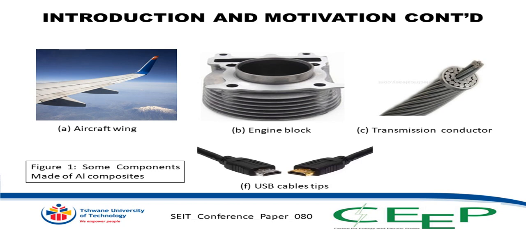We can see that aluminium, when combined with the appropriate reinforcing phases, is able to work perfectly well in this variety of places. That is the major reason why aluminium is always reinforced, so that it will bring out the best property of aluminium combined with the properties of the reinforcing phases.